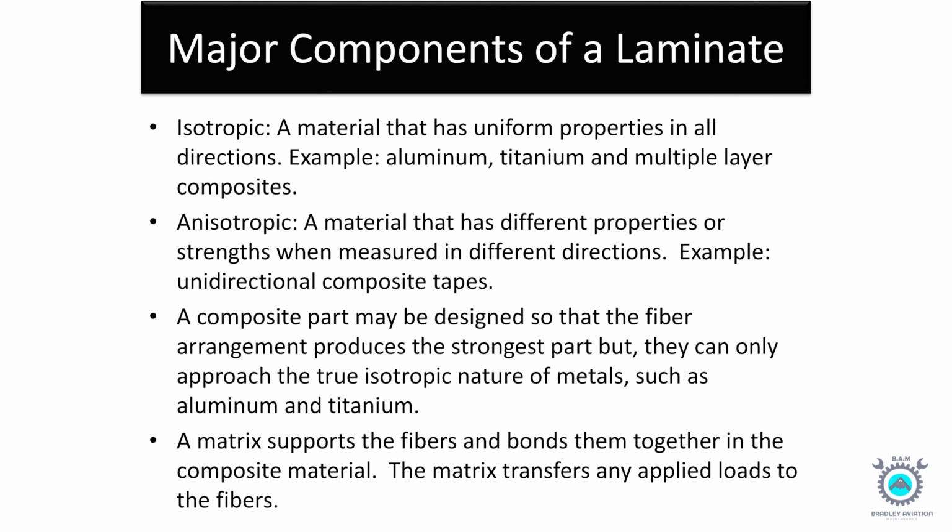A composite part may be designed so that the fiber arrangement produces the strongest part, but it can only approach the true isotropic nature of metals such as aluminum and titanium. A matrix supports the fibers and bonds them together in the composite material. The matrix transfers any applied loads to the fibers.